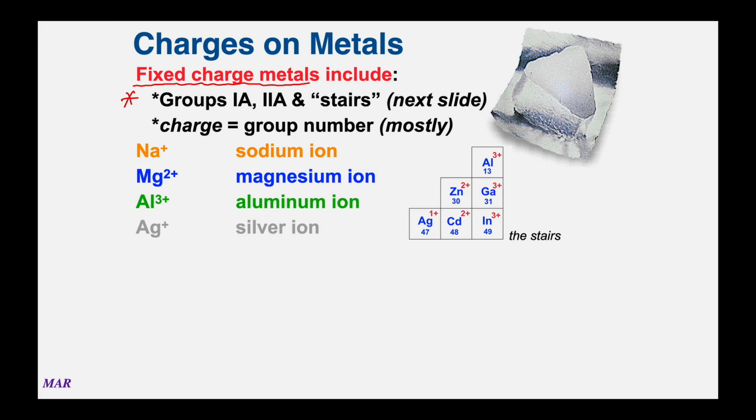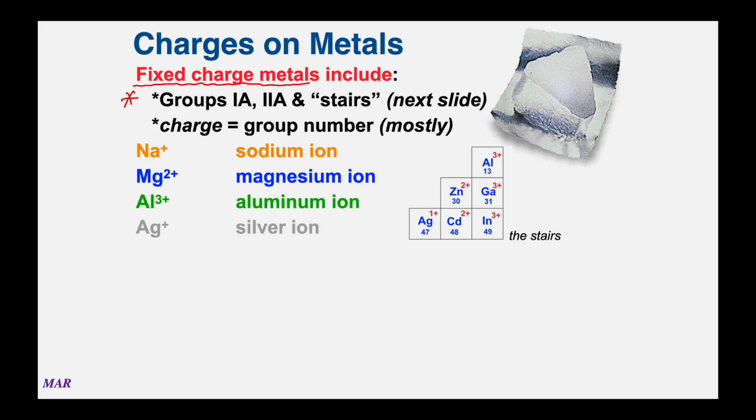So if you've ever been curious about sodium and what it can do, all right, sodium is a group 1A metal. It's number 11 on the periodic table, but the important part is that it's group 1A. Remember, the periodic table we're using in chemistry has a 1A on the left and 2A right next to it. 3A begins over under boron, number 5. It's also sometimes known as group 13, etc., etc.